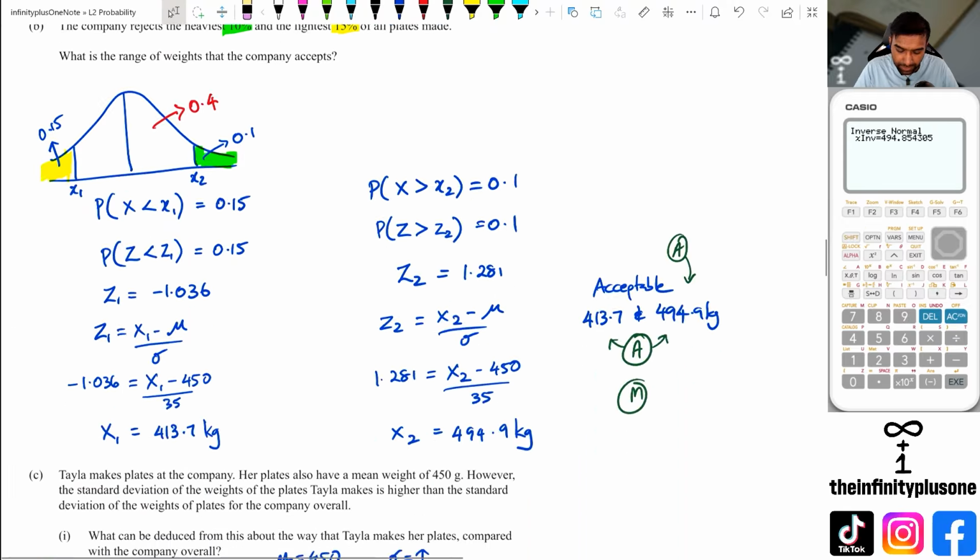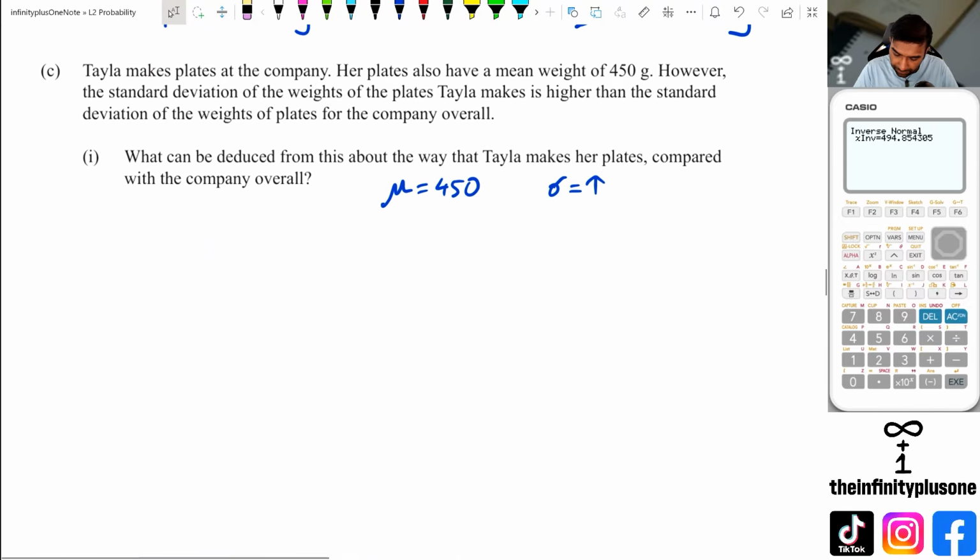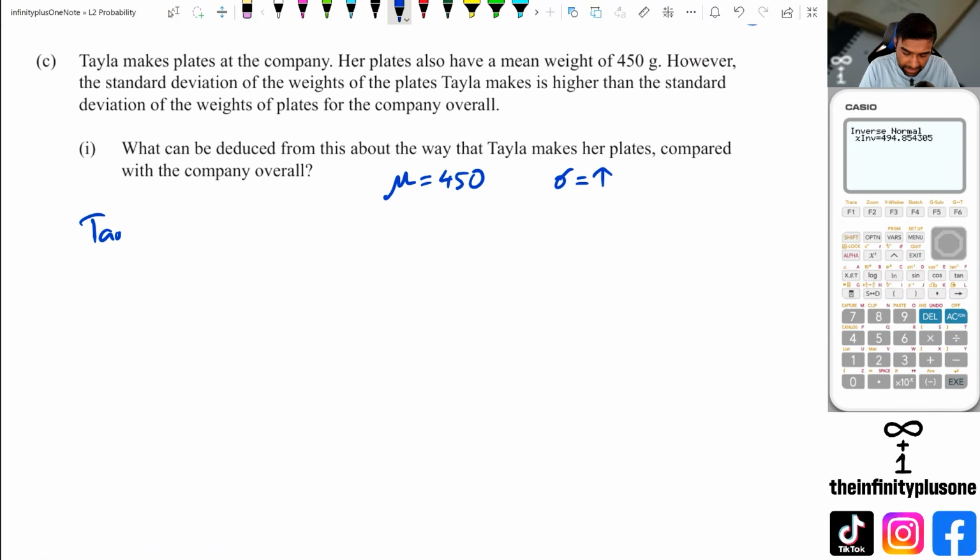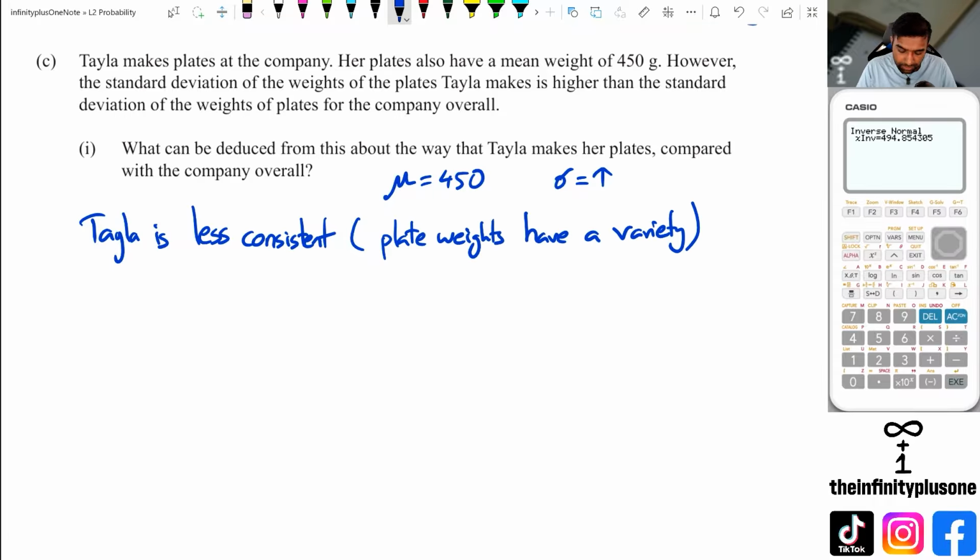Oh, it's handmade plates. So she's actually making plates. Yeah, so we can say that Taylor is actually less consistent because her standard deviation is quite large. That means there's quite a bit of variety. Plate weights have a variety. So yeah, that's pretty much it. I don't know what else you can write in this.